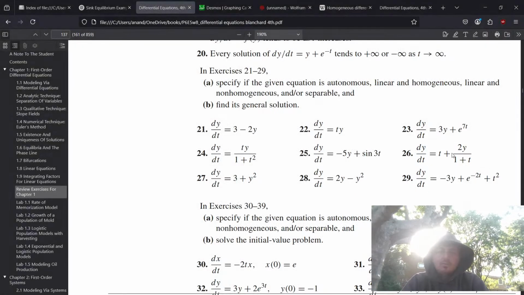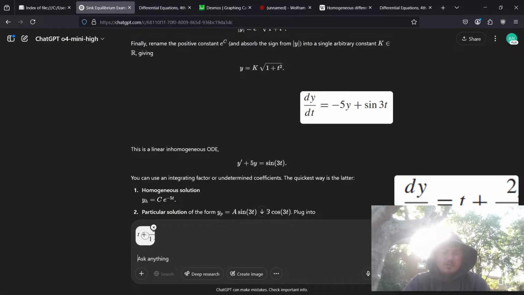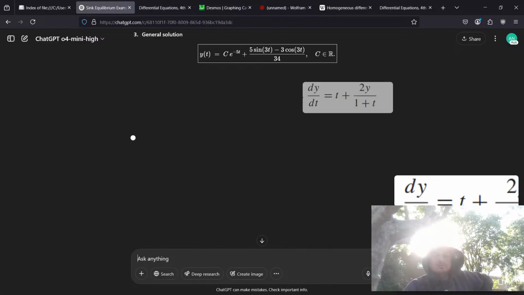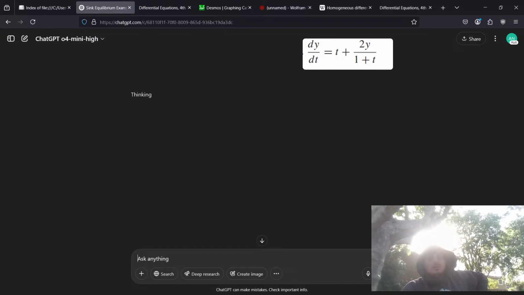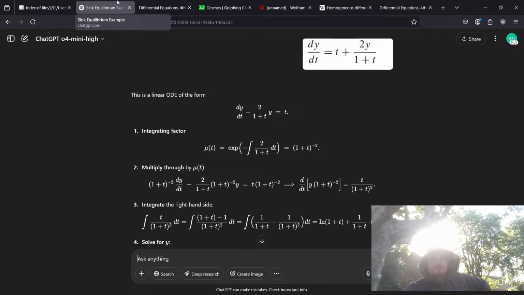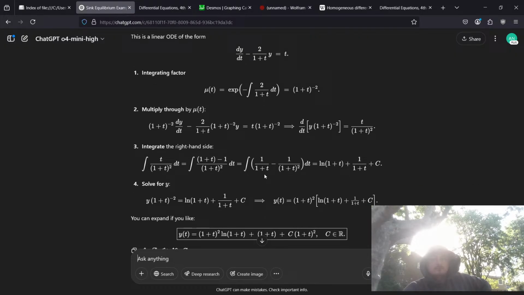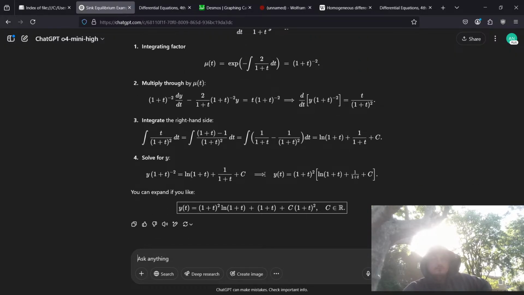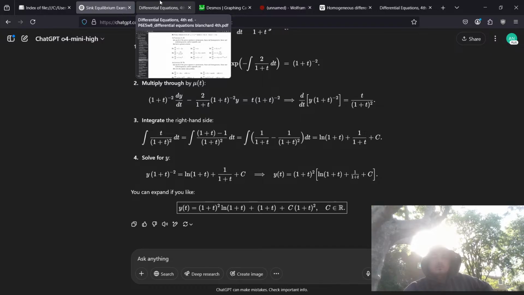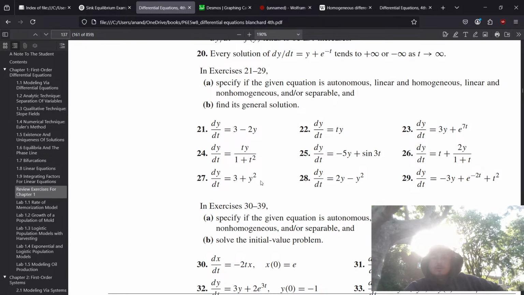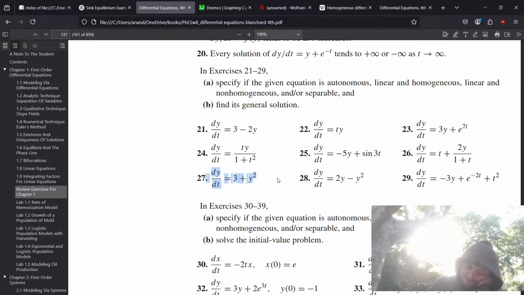If you multiply t by 1 and try to absorb it, it doesn't really do what you expect it to. I mean, that's psychotic. Okay, let's do that one. 26 we skip, 25 we skip, 27.